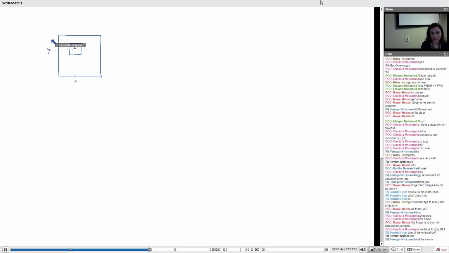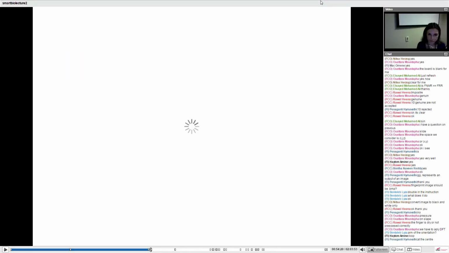We consider the neighborhood of the pixel, right? So this is the pixel of interest, which means this is the point where we want to analyze if there is or not a singularity point. How to do that? We consider the differences between the orientation of the adjacent pixels, right? This is what we are going to do. It will be clear in a second when we do some examples.